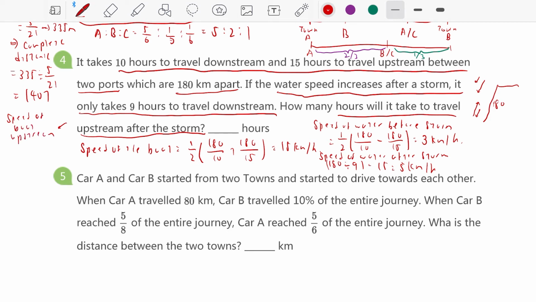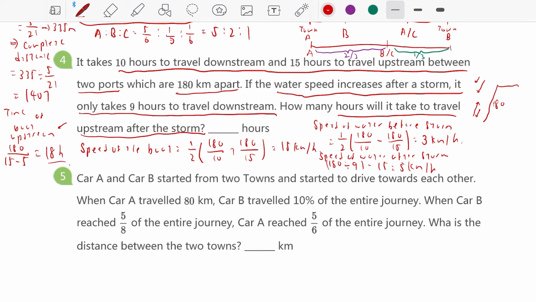Now, the speed of the boat is 15. But we have to subtract away 5 because of the water going downwards. So it'll be 15 minus 5. Sorry, this one is time taken. Time is 180 divided by that. Alright, this one is going to give us just 18 hours.